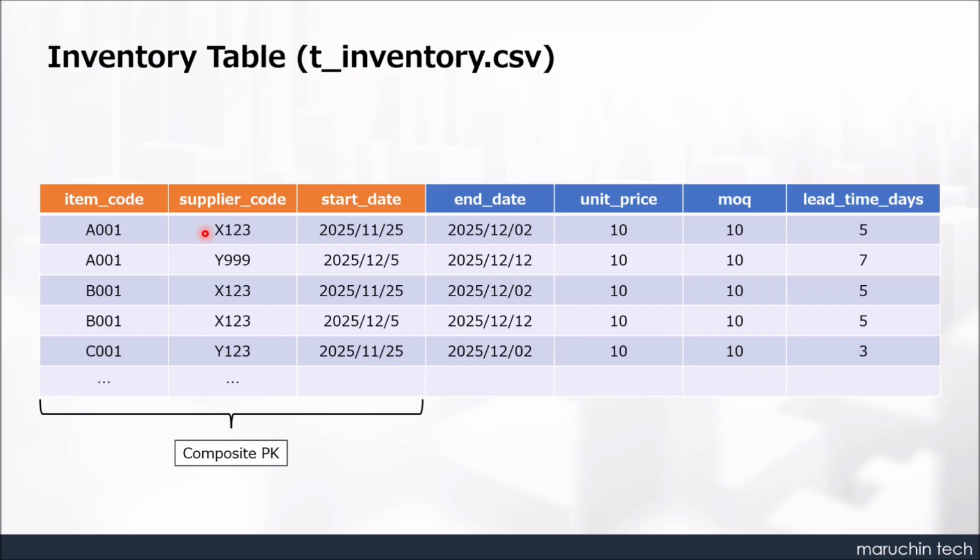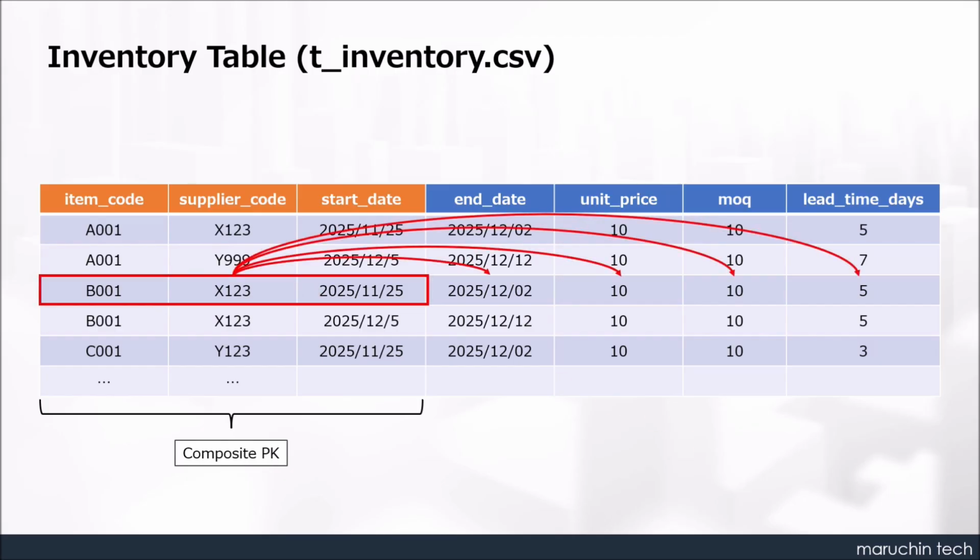Similarly, there are two records regarding B001. In this case, we need to combine the part code, supplier code, and the effective date to establish the composite primary key. By setting the composite primary key in this way, we can uniquely identify and search for the attribute data.